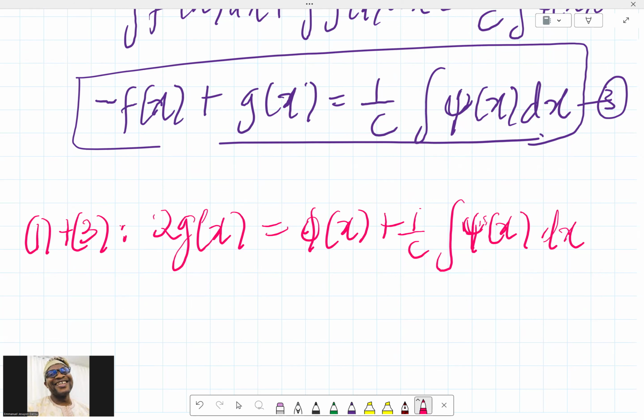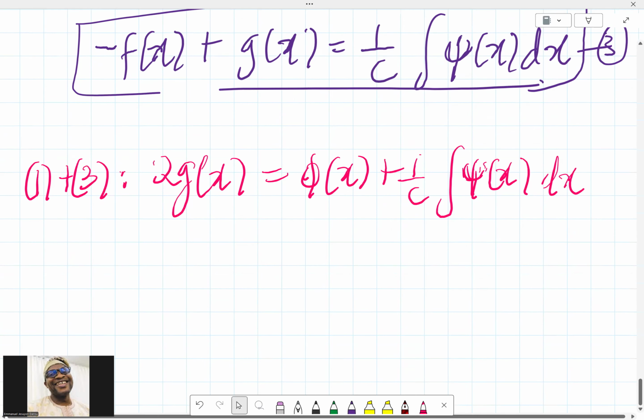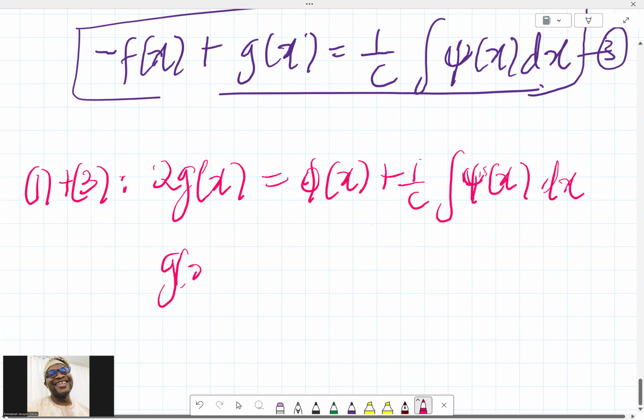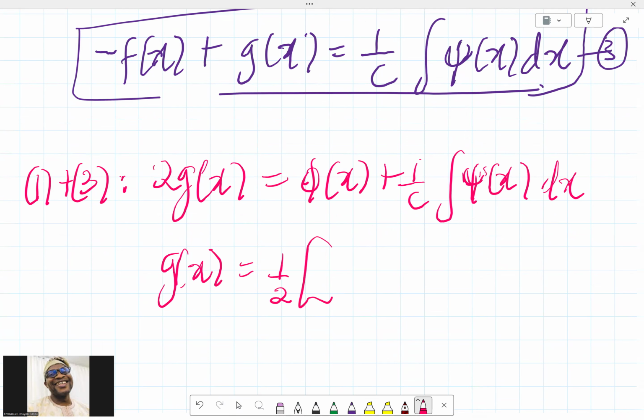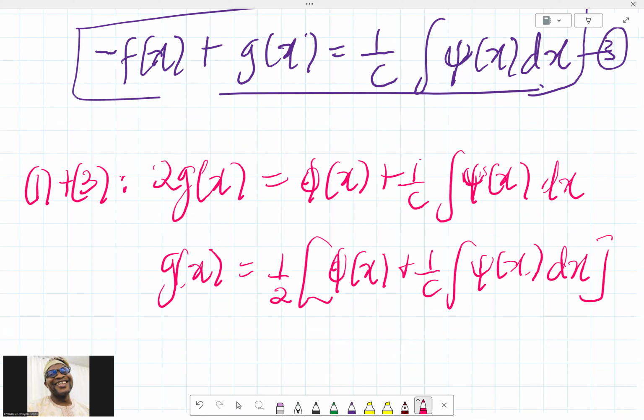So that means g of x is equal to 1 over 2 into phi of x plus 1 over c integral of psi of x dx. So this is our g of x now.